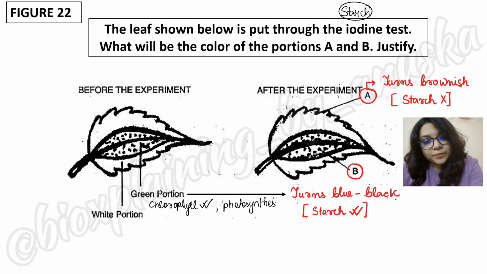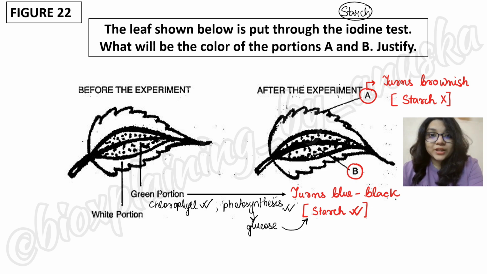And we all know that the product of photosynthesis is glucose. Glucose will be produced, and glucose is stored as starch in the plant. So if on the iodine test the portion turns blue-black, you can easily say that starch is present. That means chlorophyll is present and photosynthesis has occurred.